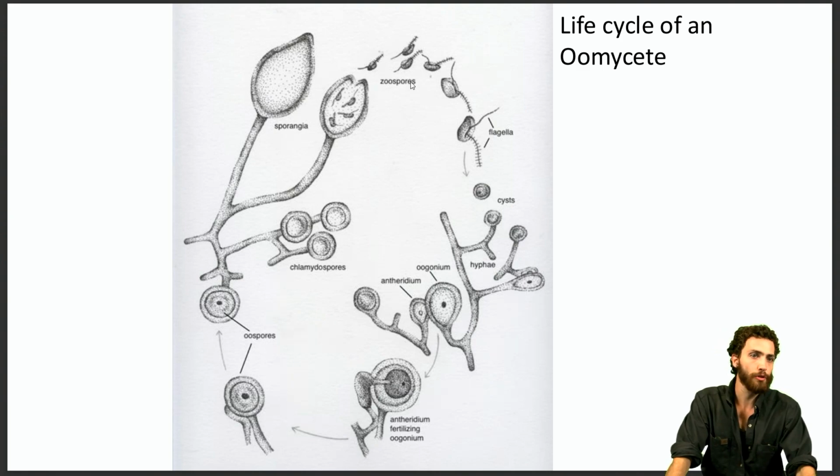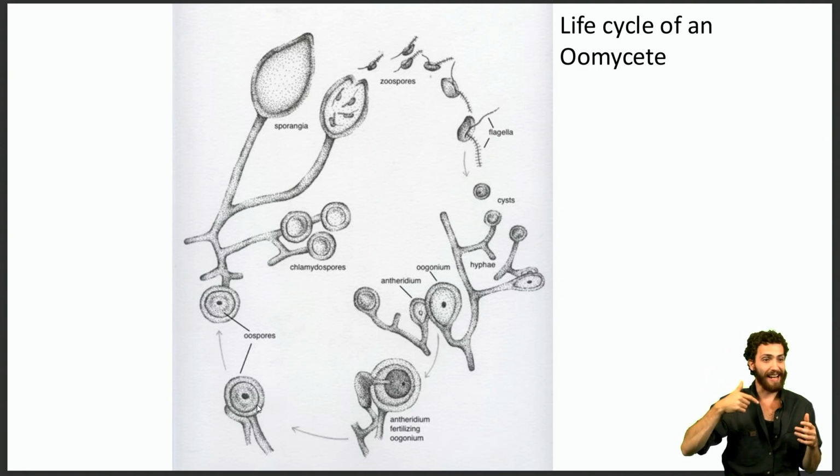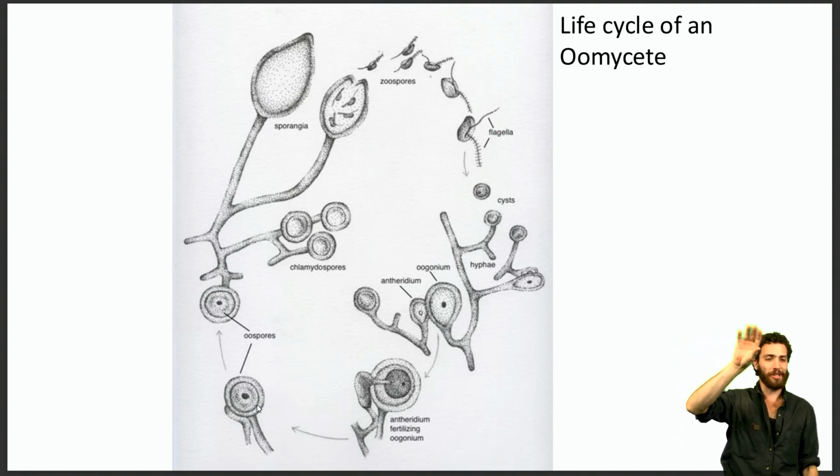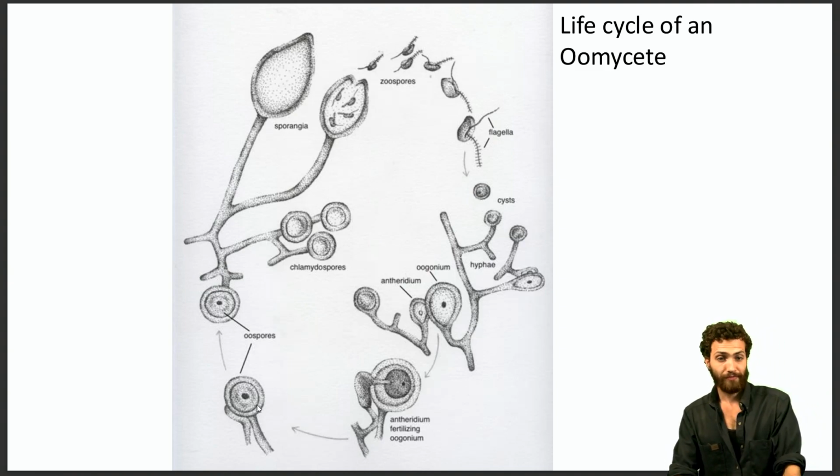And you could think of zoospores as analogous to conidia in Ascomycetes. You can think of oospores as analogous to basidiospores and ascospores in Basidiomycetes and Ascomycetes. I'm losing my voice. Okay.